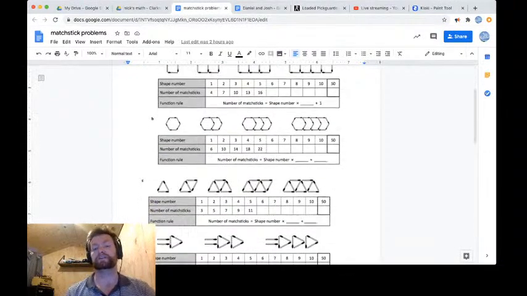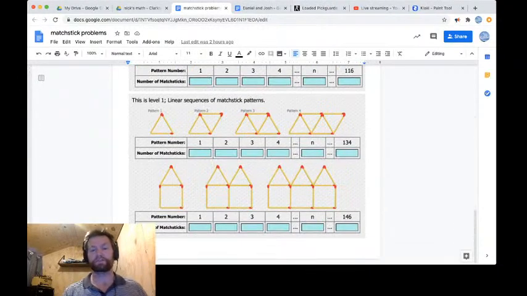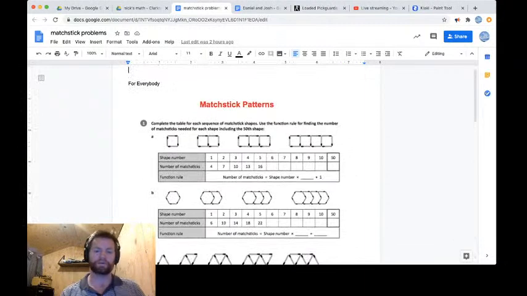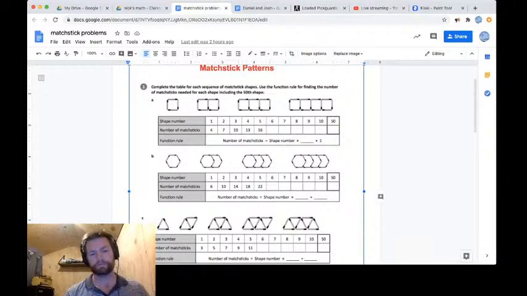The next thing you need to look at, these are for everybody. You should find them quite easy, but I want to show you what the deal is with them so you can see it with your own eyes. This is a shape. At 1, it has 4 matchsticks. 2, it has 7. 3, it has 10.